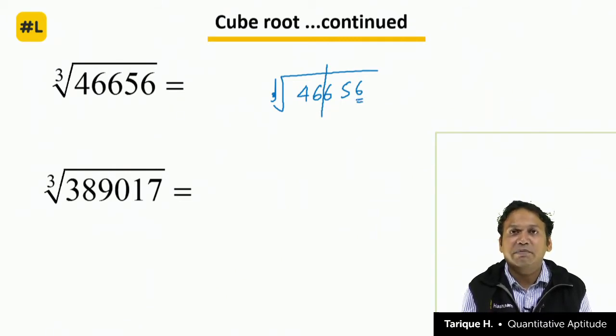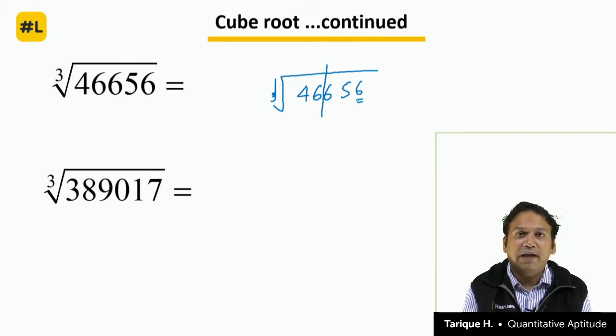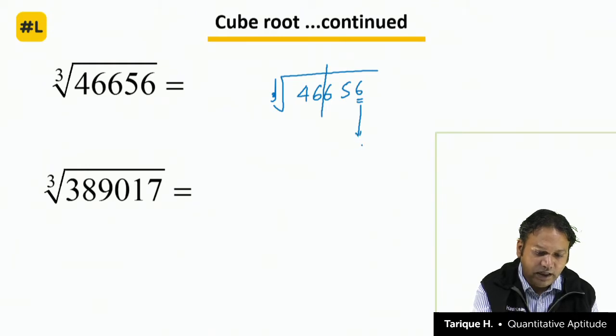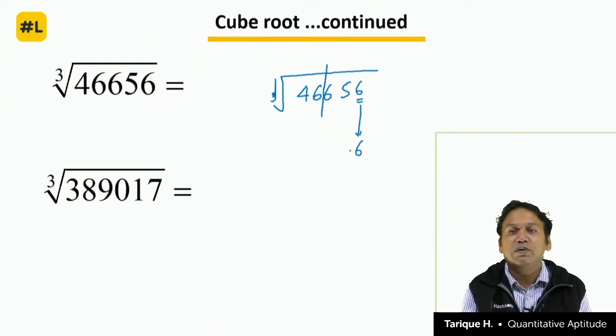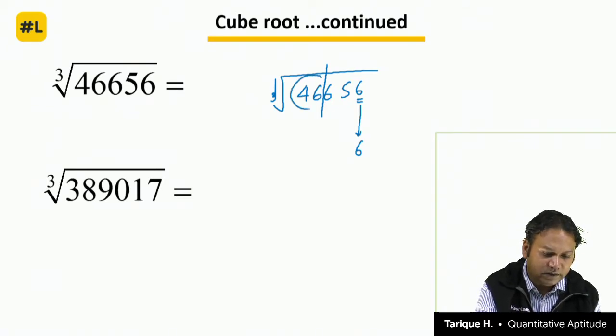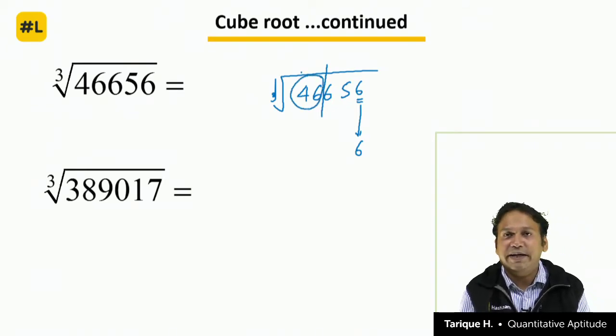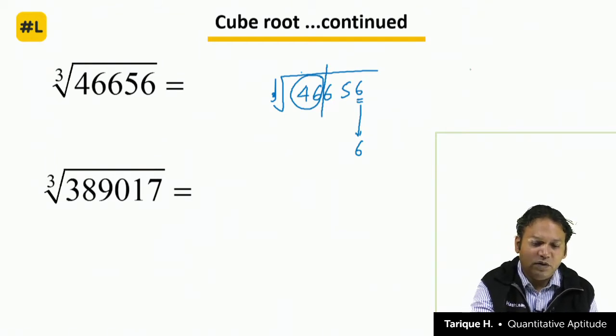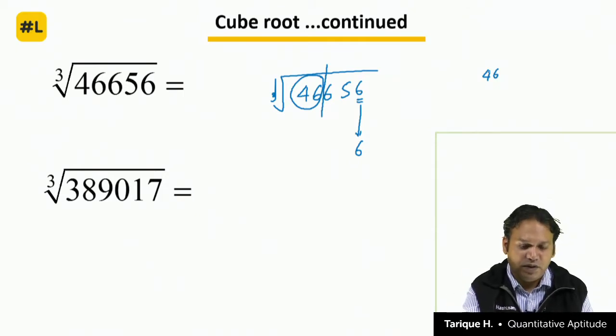It's ending in which number? 6. 1, 4, 5, 6 and 9 end in themselves. So 6 will end in 6. Last digit of the cube root will be 6. Now look at 46, the other number left on the left hand side. Is 46 a perfect cube? So we'll say no. 46 is between which two cubes?